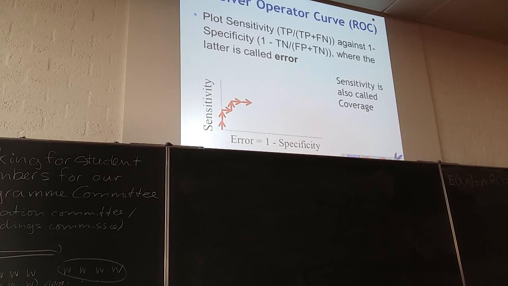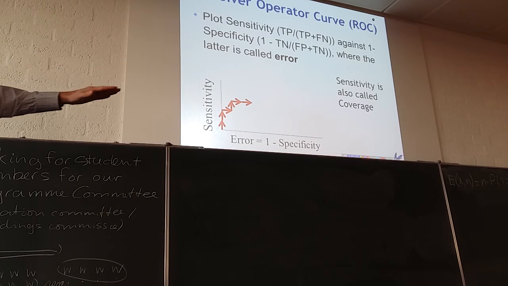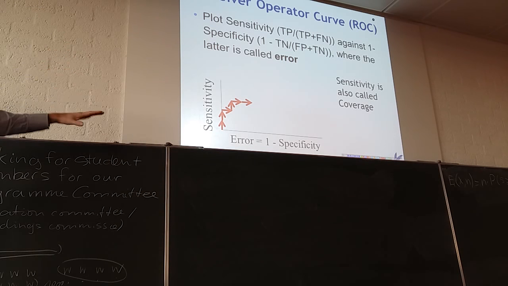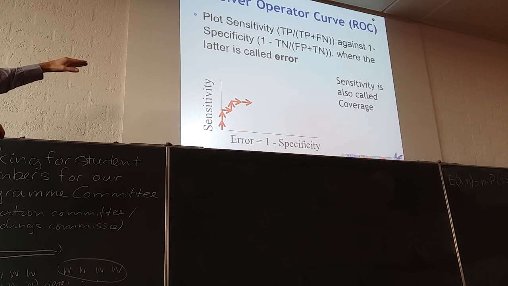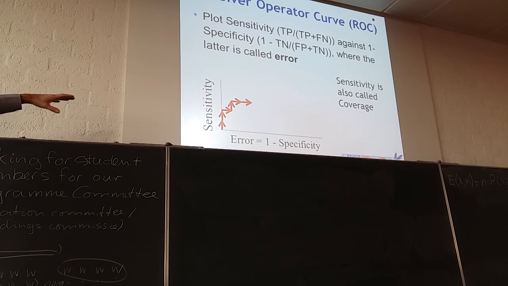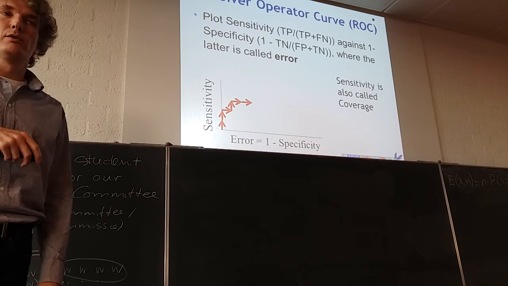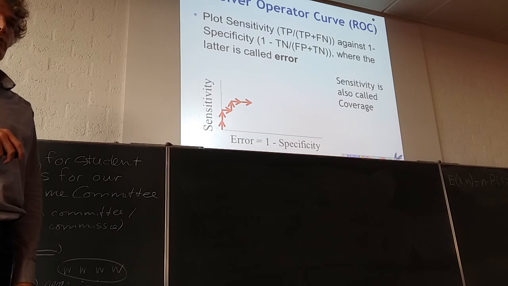So if you go through your ranked list of results, you can imagine that you're relaxing your threshold all the time. Every time that you get a true positive hit, you go up. When you get a false positive, you go to the right. You never get true negatives or false negatives here.